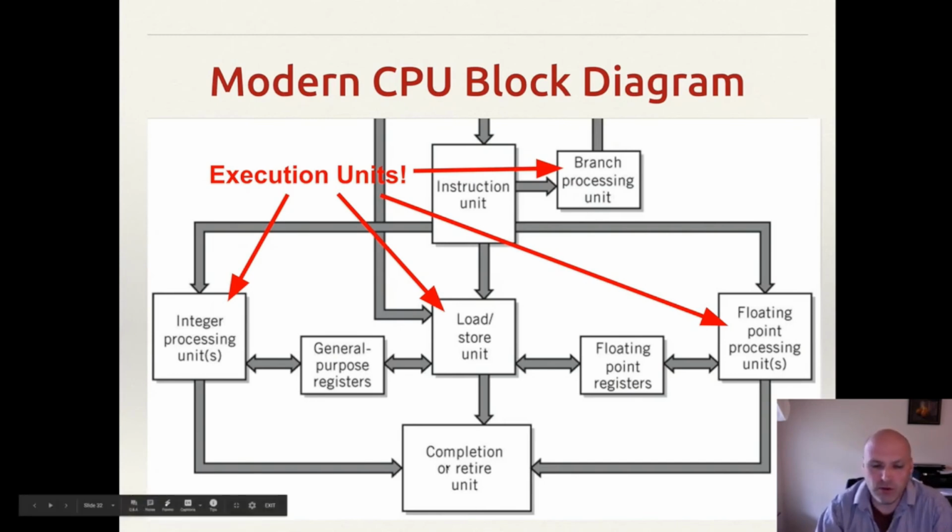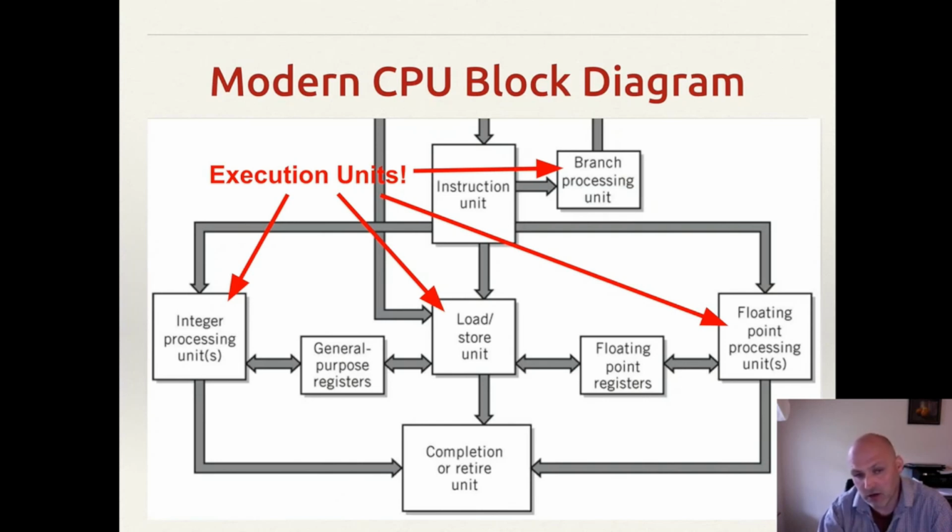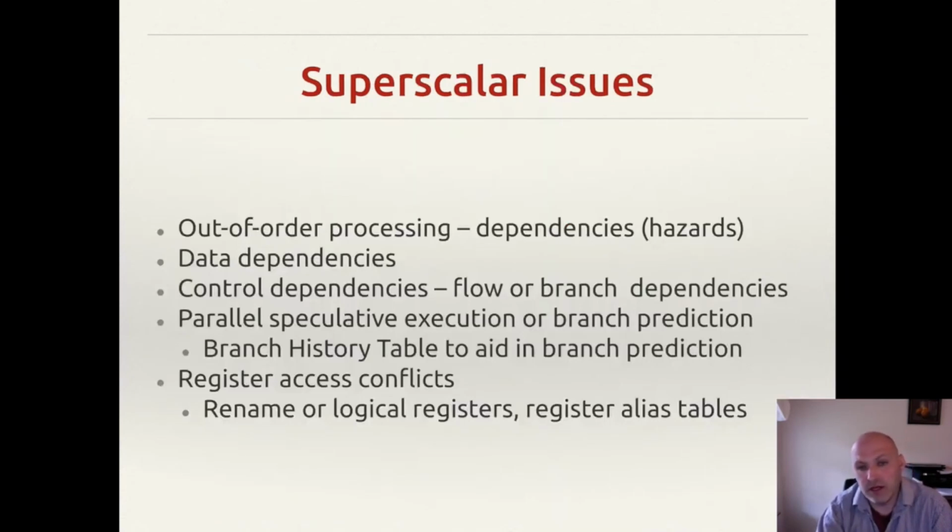So it's very important that we have, and this is a very complex circuit, logic here that ensures that we're actually gluing everything back in the correct order as the CPU outputs the results of its work. So some issues that we might run into in the superscalar world, this is kind of a growth of the issues that we talked about in the scalar world when we talked about branching and things of that nature. So one is out of order processing.